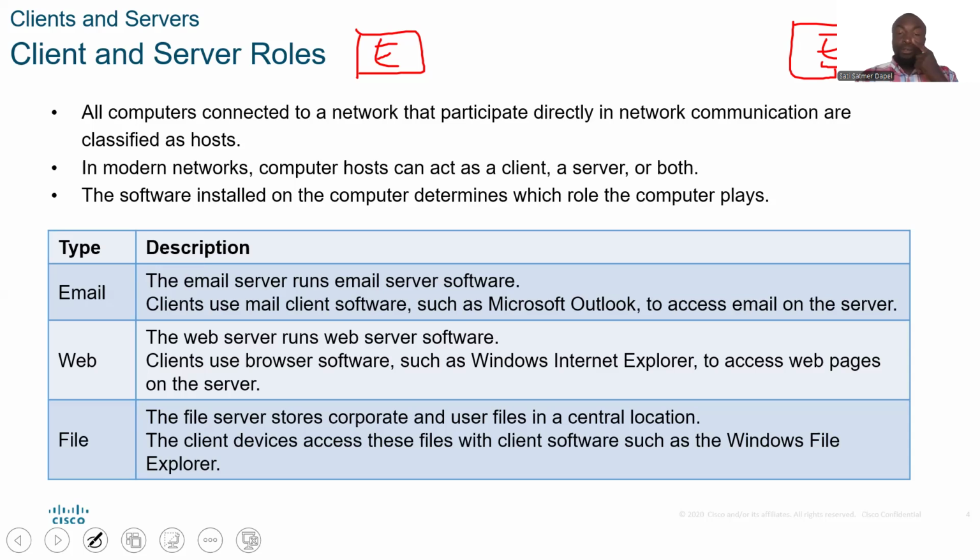Then you need what they call intermediary devices. The intermediary devices are the devices in the middle. They are the ones that control the flow of this particular traffic. So you have your end devices that generate the traffic, and you have your intermediary devices that control the flow.